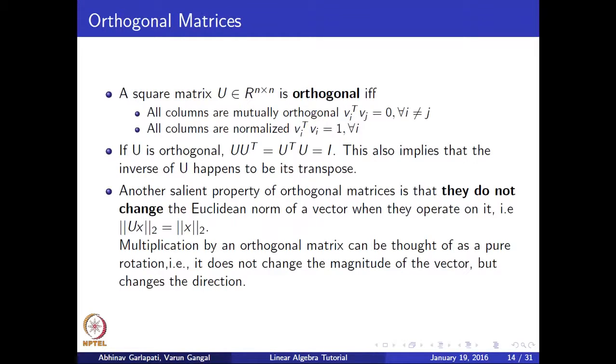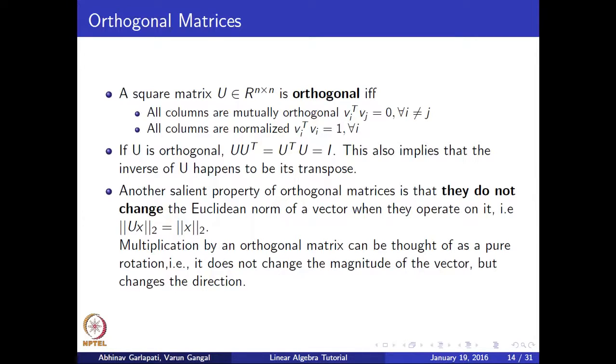A square matrix U of dimension n cross n is defined to be orthogonal if and only if the following two conditions hold. Firstly, all pairs of distinct columns should be orthogonal. By columns being orthogonal, we mean that the dot product of any pair of distinct column vectors is 0.